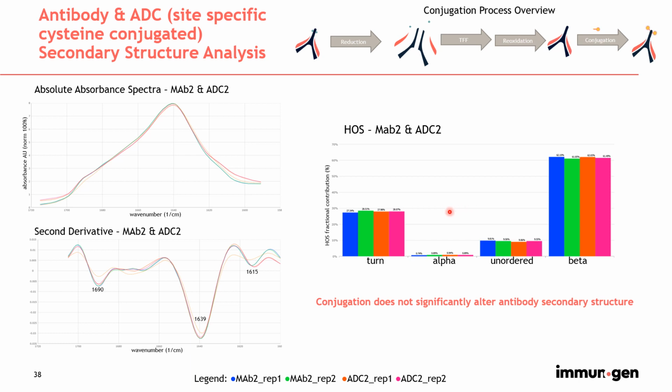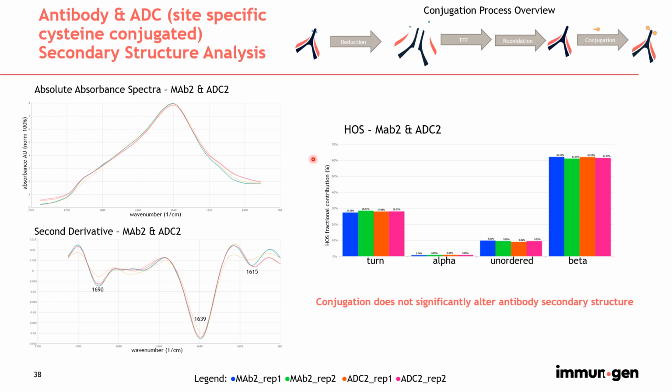As can be observed, a large component of the secondary structure is made of beta sheets and turns and some amount of unordered structure with very little alpha helix. The blue and the green data points are for the antibody replicates, while the red and the pink correspond to the ADC.